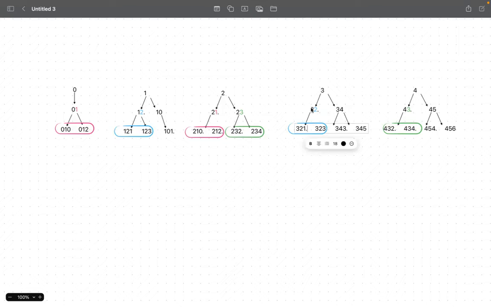Like if my starting digit is 2, then I can make use of it if I am having 3 as the next digit, or sorry, I'm having 1 as a next digit. After 2, I can have 1 or 3 as a next digit. After 3, I can have 2 or 4 as a next digit.